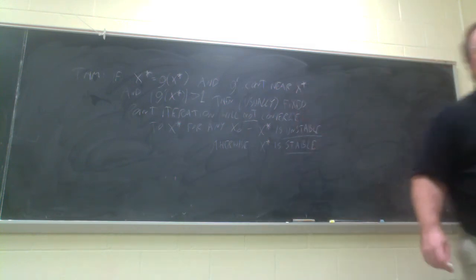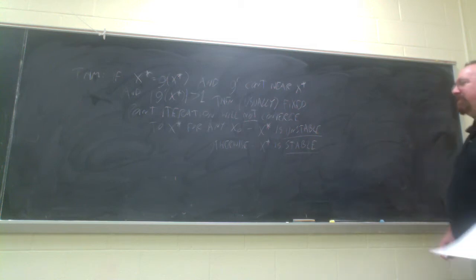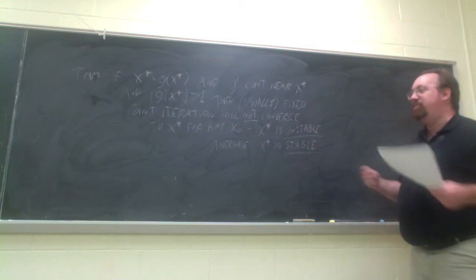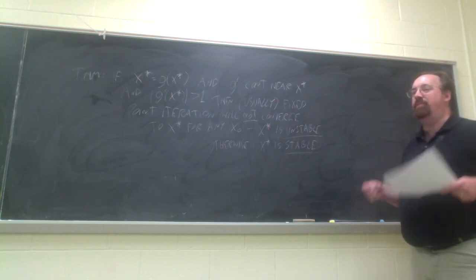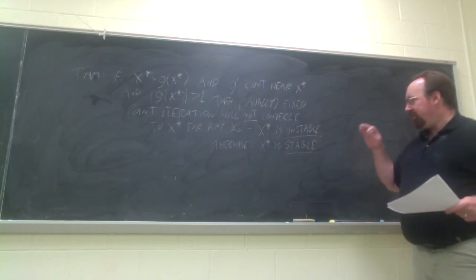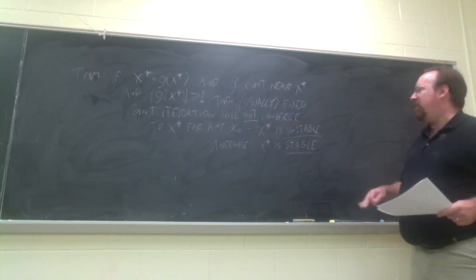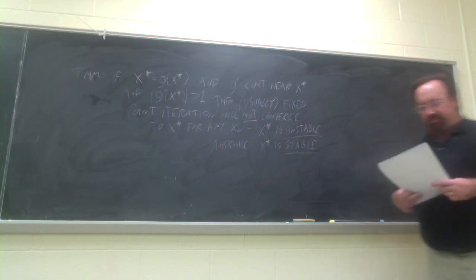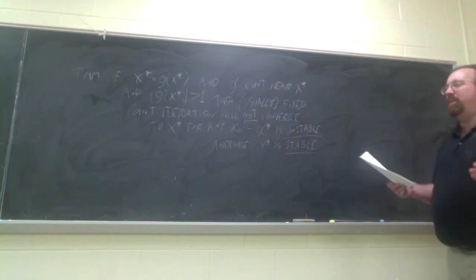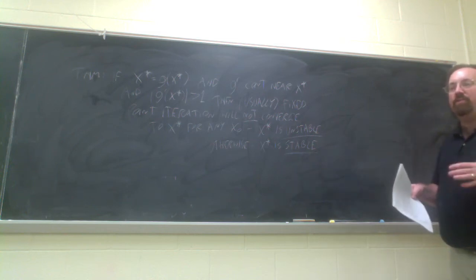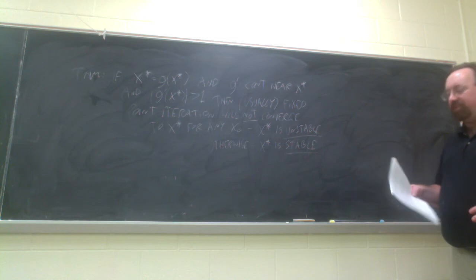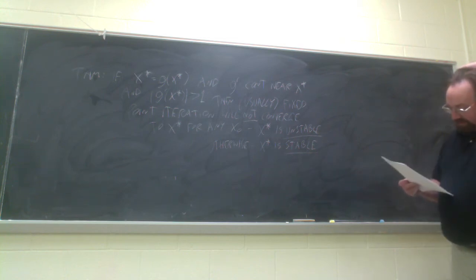It just depends on how the function is behaving. Is the derivative small near a fixed point? Or is it satisfying a Lipschitz condition with a Lipschitz constant less than 1 near a fixed point? If so, it's stable. Otherwise, it's unstable. And that's just about whether a fixed point iteration will converge to that fixed point if you choose an initial guess that's sufficiently nearby. Okay.